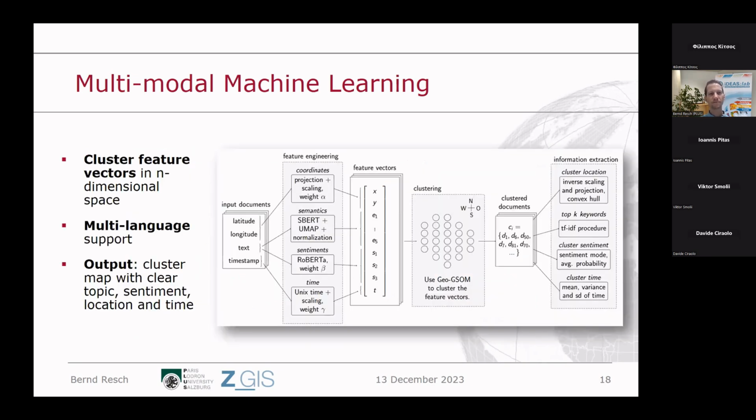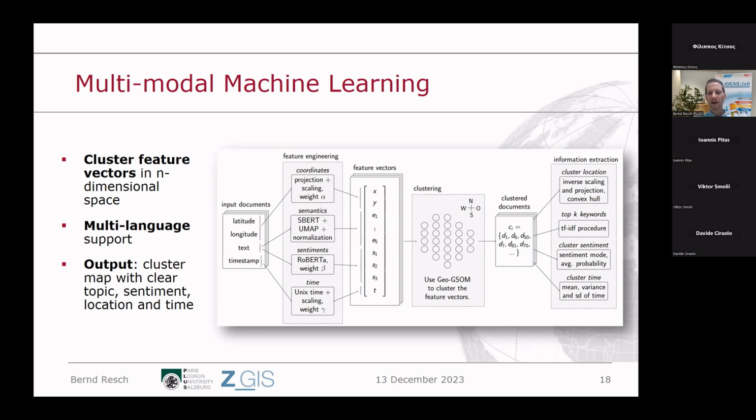What does that mean? From a machine learning viewpoint, that's what we do. From the input side, we have vectorized input documents, which is latitude, longitude, and the timestamps, of course. And from the text, we derive semantics, like semantic topics, what people talk about, and sentiments, how people feel when they talk about these topics. So these are the feature engineering processes that we then use for fitting a machine learning model, which is in this case a self-organizing map.